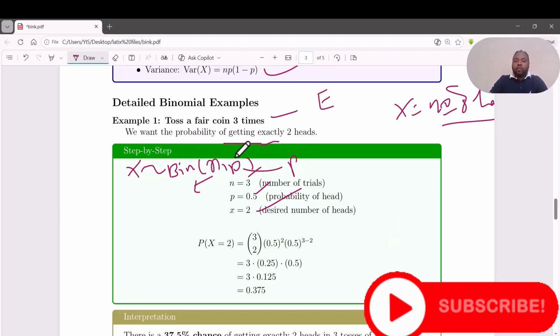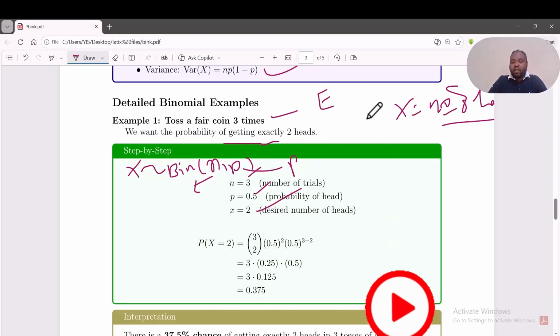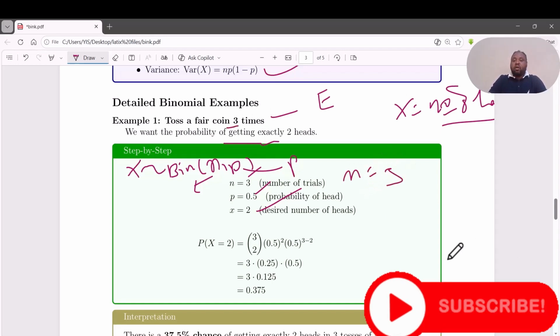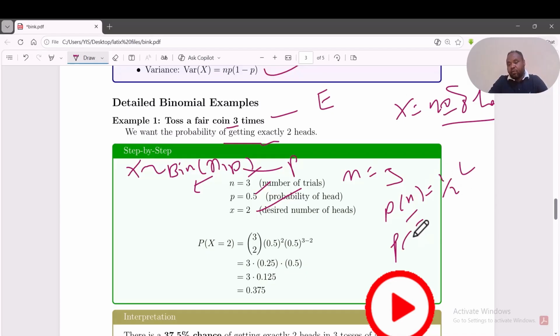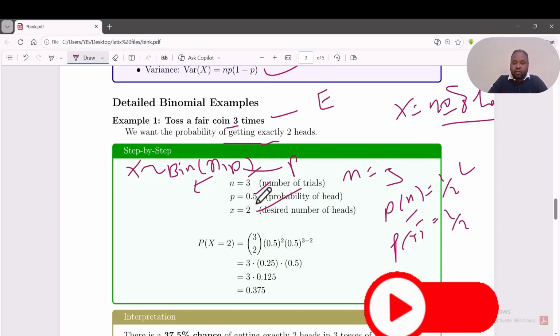So from this random experiment we can understand that the number of trials was 3, meaning n is 3. In each trial, what's the probability of getting a head? P of head is 1 over 2. The probability of tail is 1 over 2. So p is 0.5 here.